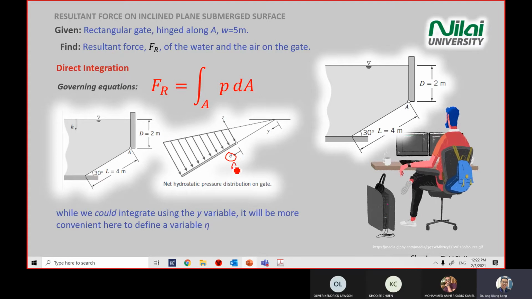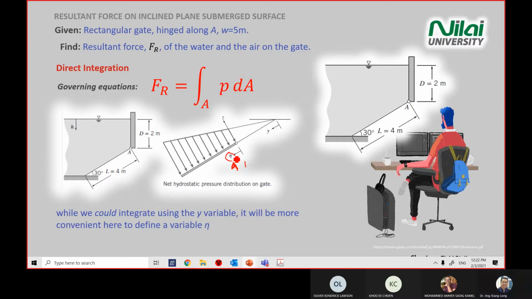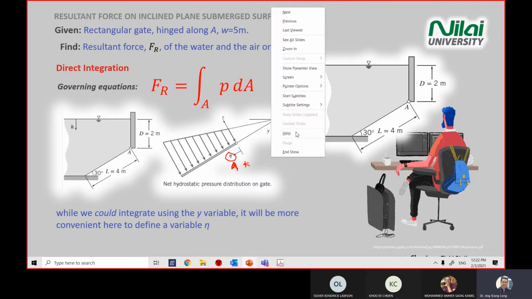You can label A for this one, and then later you integrate. But try to avoid A because we use A for area. You can use maybe P, N in this case, or K also can. Try not to overlap the alphabet that you already use.